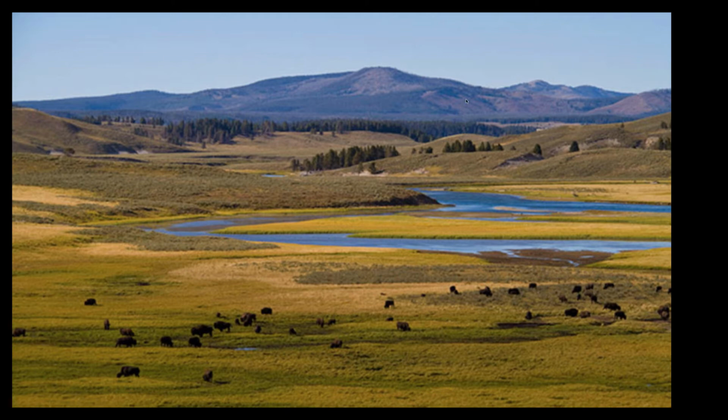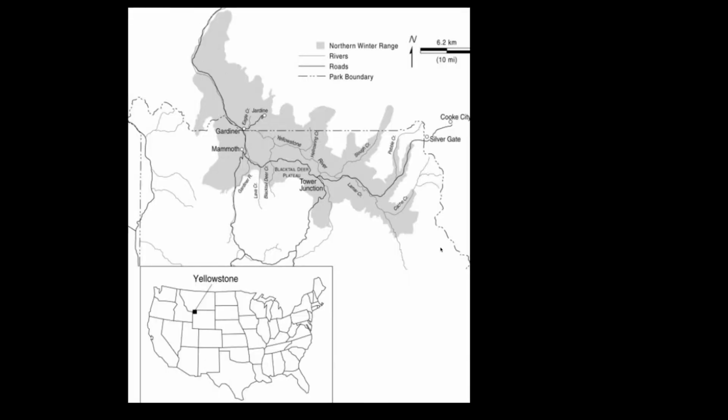Here's another example of a food web or chain in action. This happens to be one of my favorite places in the world. This is something called the Lamar Valley in Yellowstone National Park. Gorgeous, gorgeous area. And in the Lamar Valley, almost all of the wolves were eliminated, gone. Here's where the Lamar Valley is. So here's Evansville, and Yellowstone is about 1,200 miles due west of here.